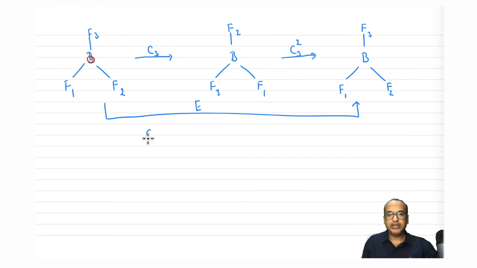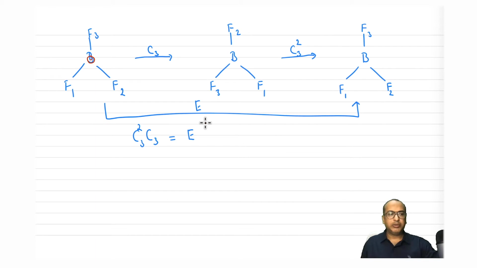So we can say that C3 and C3 square. So remember the order we have used here: C3 is operated first and C3 square is operated second. Although in this case it does not matter, we'll see why, is equal to E, right?